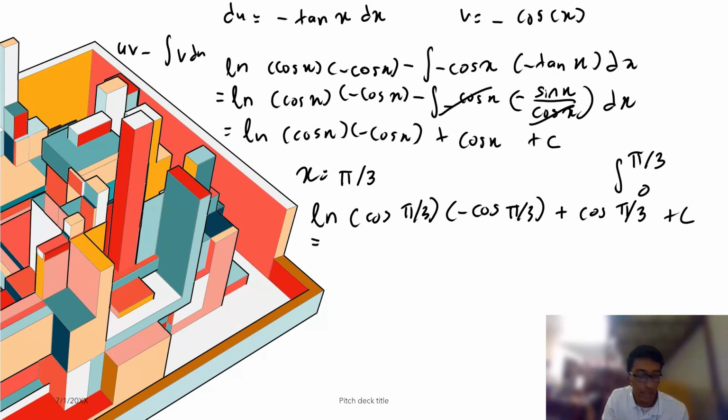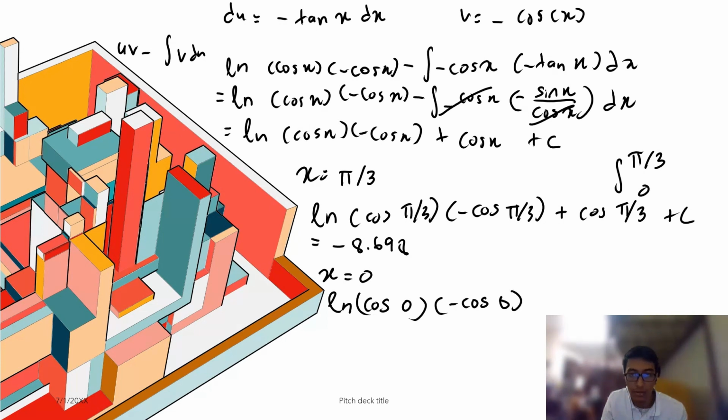So the answer that I got is 8.698. Then our next x is equal to 0. So ln cos 0 negative cos 0 plus cos 0 plus c.